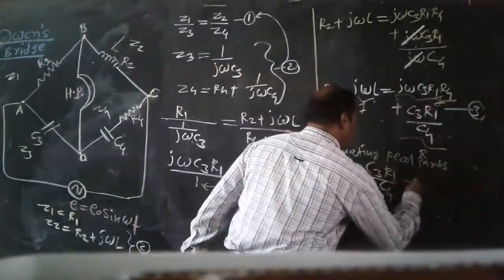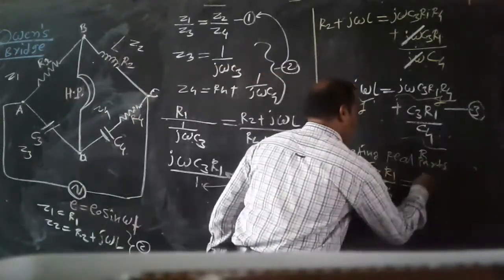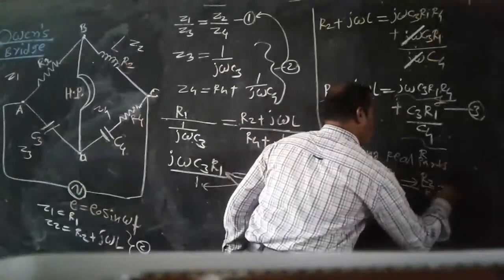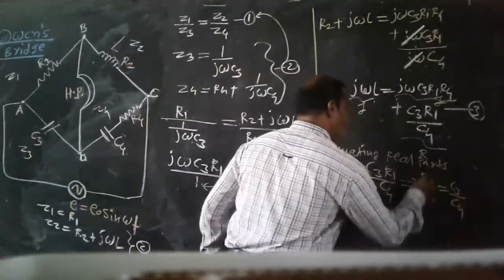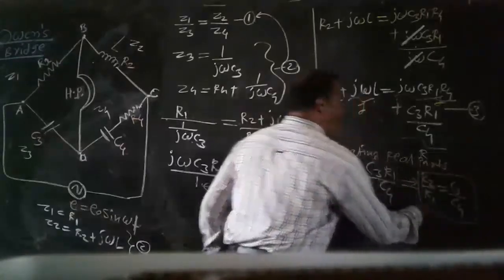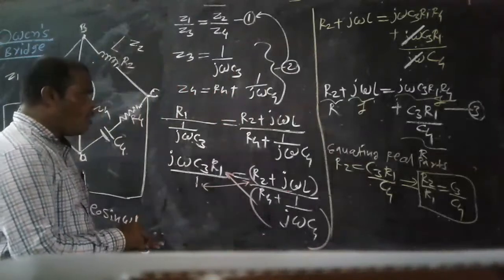If we solve this, we get R2 by R1 is equal to C3 by C4.